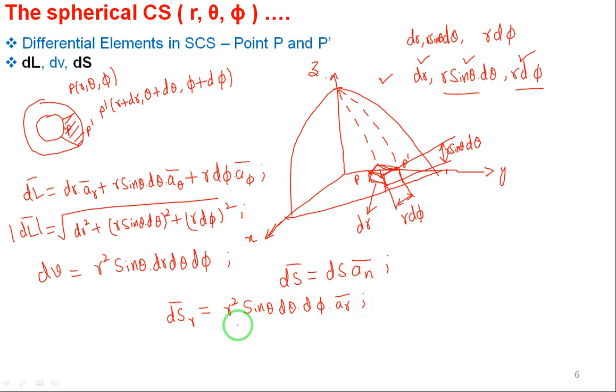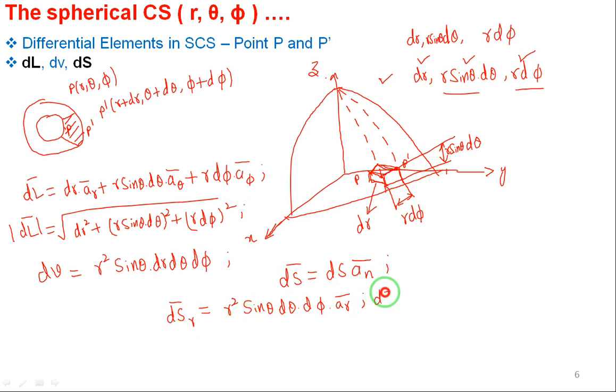This is the differential surface area along the radial direction, meaning the front surface. Just multiply the two sides: one side is r d phi and another side is r sin theta. Multiply both, r square sin theta d theta d phi. You can do it this way or write it blindly.